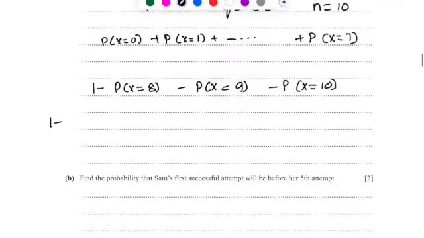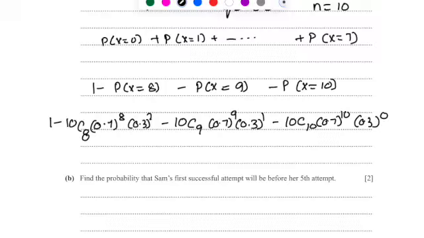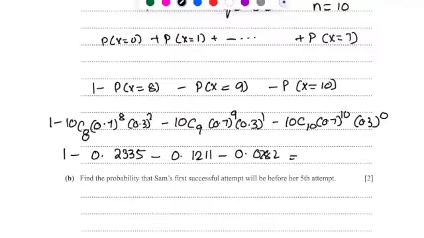So it's going to be 1 minus [10C8 times 0.7 to the power of 8 times 0.3 squared, plus 10C9 times 0.7 to the power of 9 times 0.3 to the power of 1, plus 10C10 times 0.7 to the power of 10 times 0.3 to the power of 0]. So it becomes 1 minus 0.2335 minus 0.1211 minus 0.0282, which gives me 0.167.